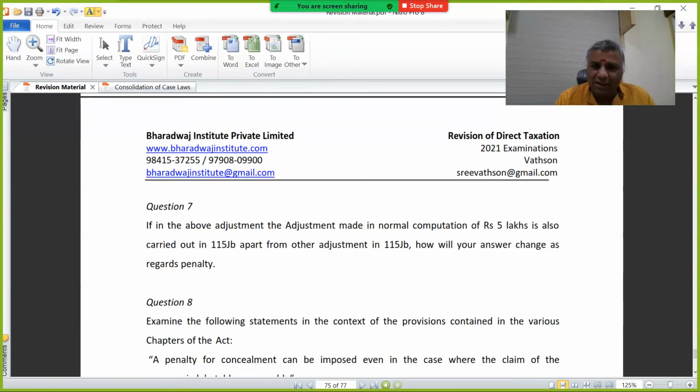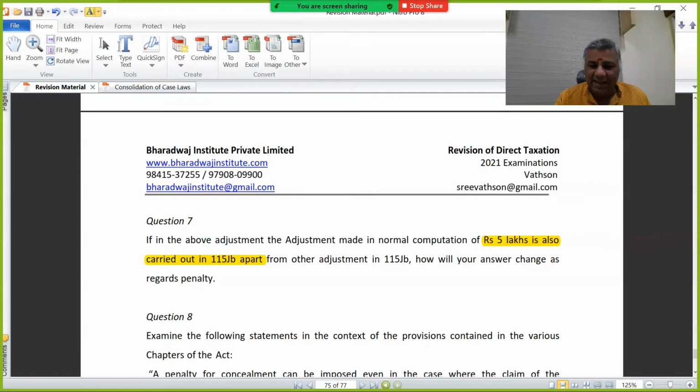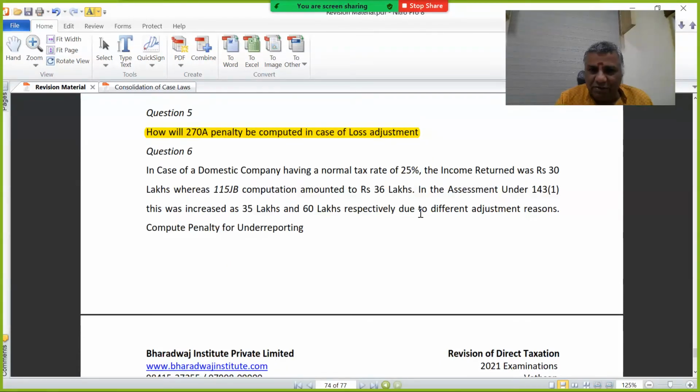What is the problem if, in the above question, the adjustment made in the normal computation, 5 lakh, is also carried out in 115JB? Here we saw different, separate adjustments.